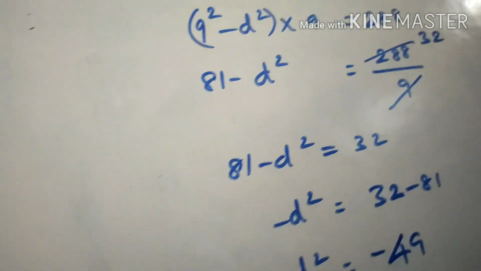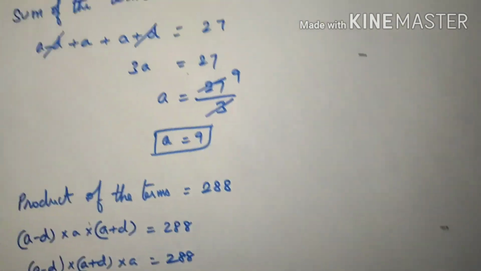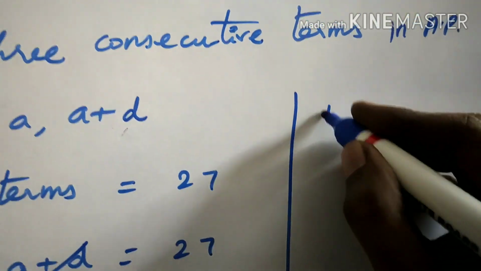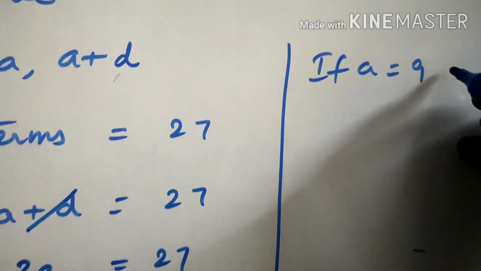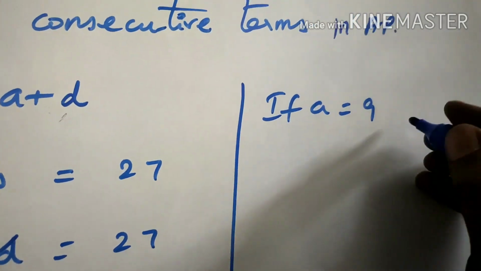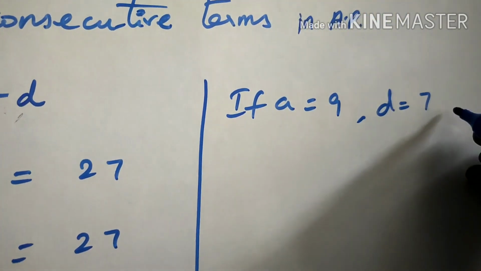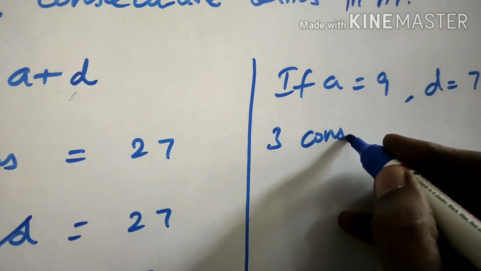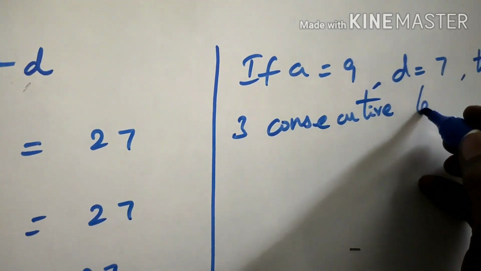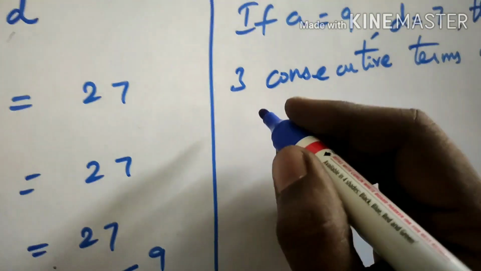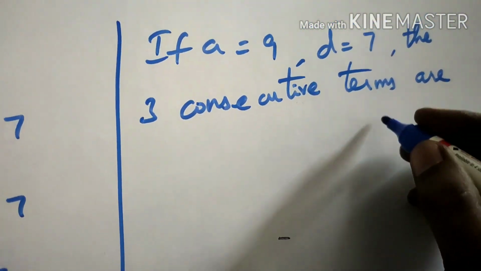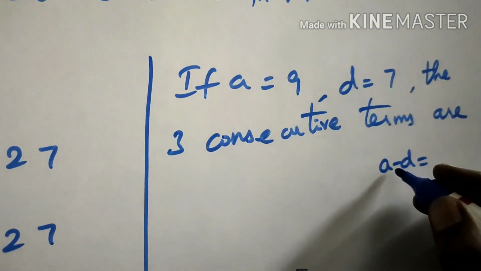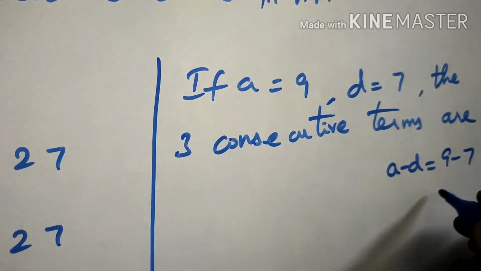Now I am going to substitute both these values in the 3 terms. Therefore, if A equal to 9 and D equal to plus 7, the 3 consecutive terms are: A minus D, A, A plus D. What is A minus D? 9 minus 7 equal to 2.